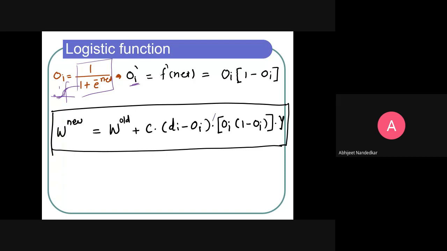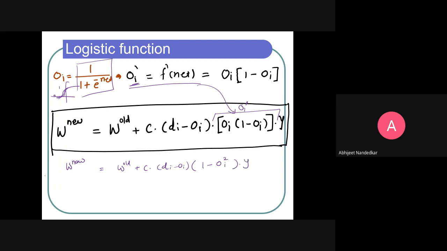So this quantity is OI dash. If you substitute OI dash in your perceptron continuous learning rule, it will be a modification of that rule.